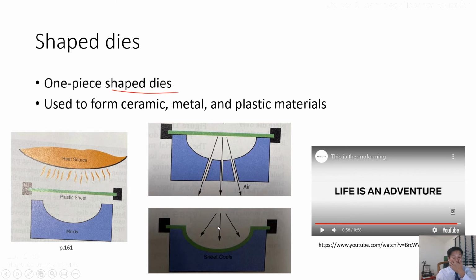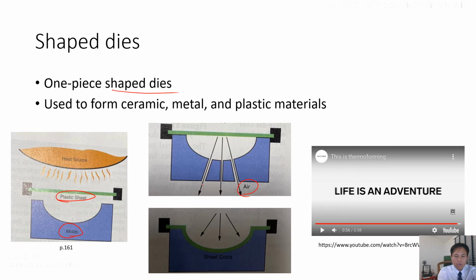All right, so this is an interesting method. This is also a common plastic forming method. The principle is using a plastic sheet and a heated sheet, and then we have a mold. There are different methods, but this example shows air vacuum.